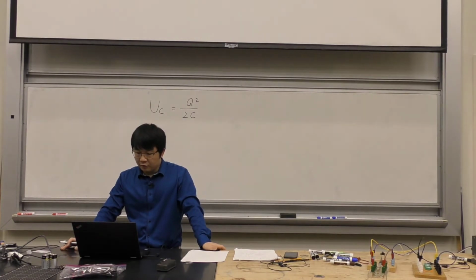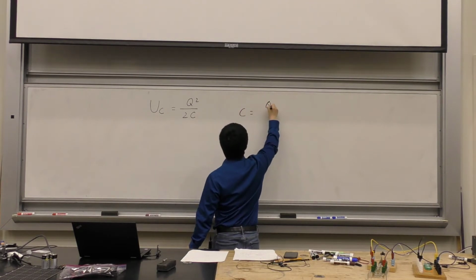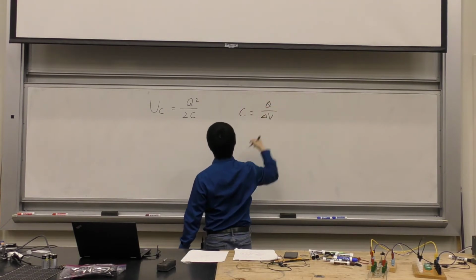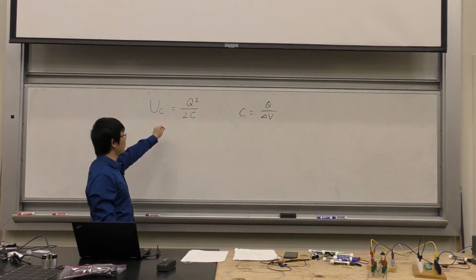Then, using the relation between Q and V, Q equals CV, you can rewrite this in different forms. But again, there's only one equation.